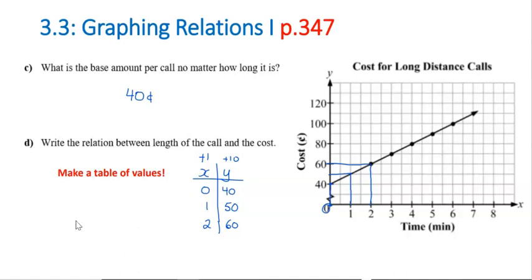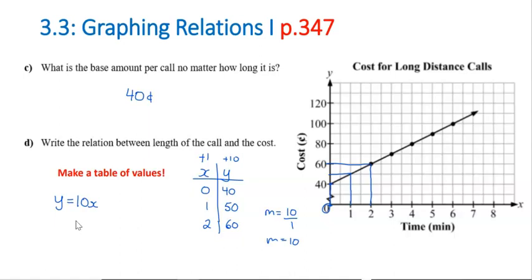We are going to create our equation now. Y is equal to, remember calculating our slope, change in y over the change in x. Slope is 10. Y is equal to 10x. And we try that. We multiply 0 times 10 is 0, so we have to get up to 40. 1 times 10 is 10.